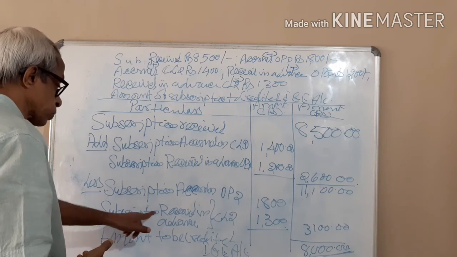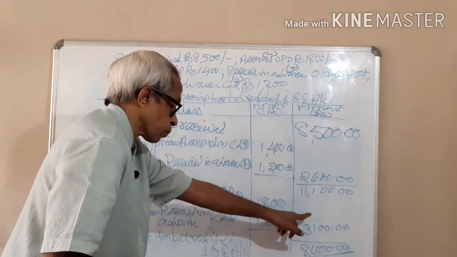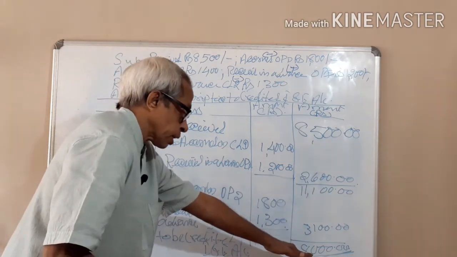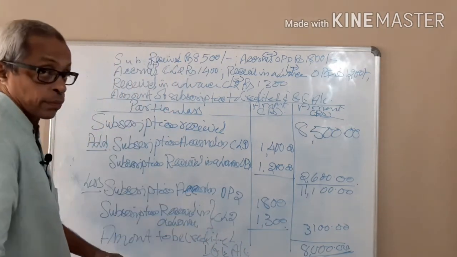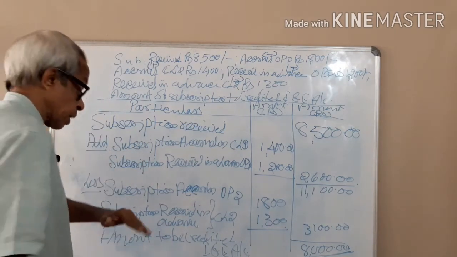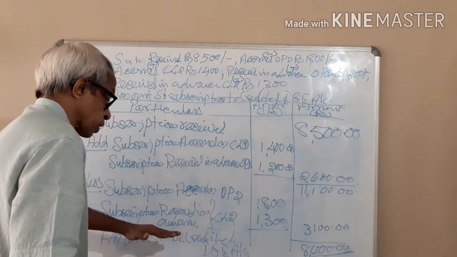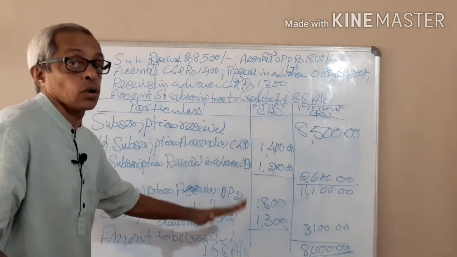And subscription received in advance on closing date, that is 1,300 should also be deducted. And the resultant figure 8,000 is the actual amount, is the income amount of subscription, not the receipt amount. Income amount of the subscription to be credited to Income and Expenditure Account.